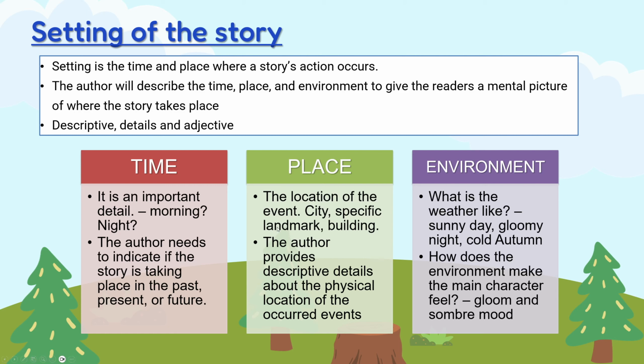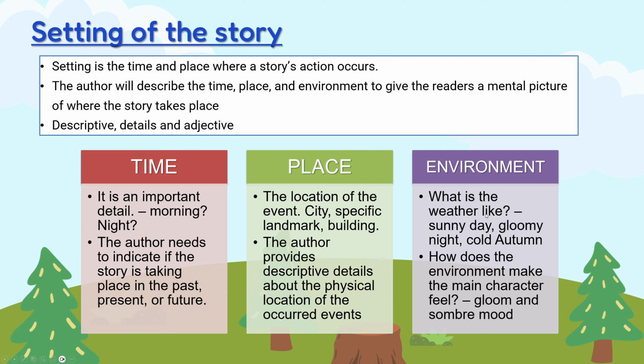So those can be a city or specific landmark, or even any kind of building. The author provides descriptive details on the physical location of the events. For example, maybe in the jungle, in the mountains, or even in a bustling city. So when you are doing narrative writing, it is crucial for you to provide settings.